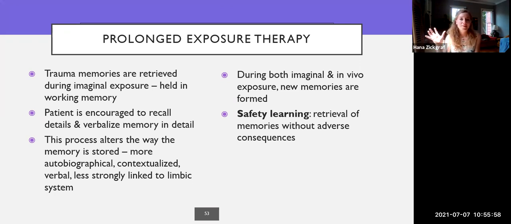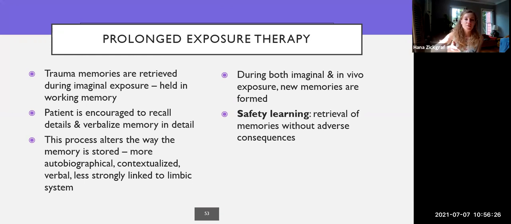By doing this, by adding in details, by getting the timeline straight, by providing context and fitting the memory into your life story, this actually alters the way that the memory is stored, and it moves it away from this visceral, immediate, interconnected with the limbic system node into a more normal memory load, one that's more autobiographical, contextualized, verbal, and less likely to activate the limbic system when it's retrieved.